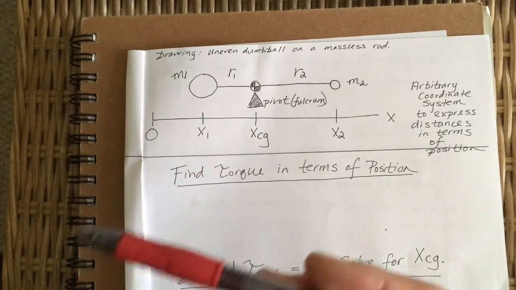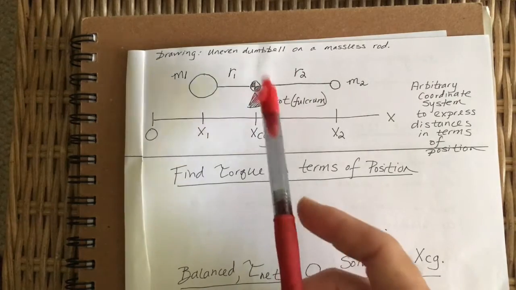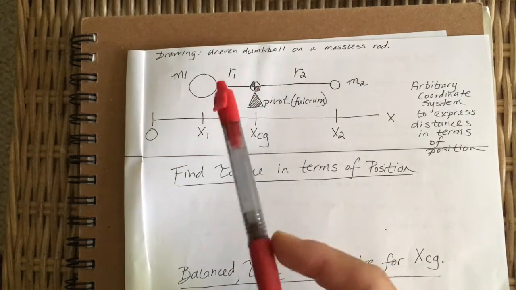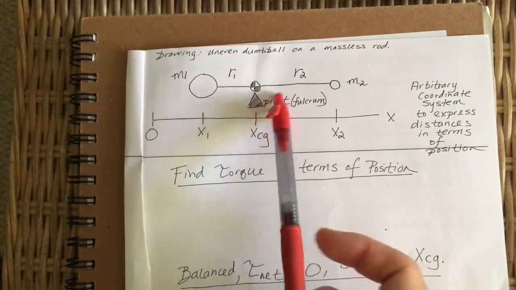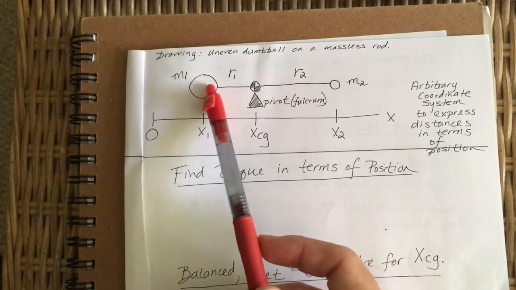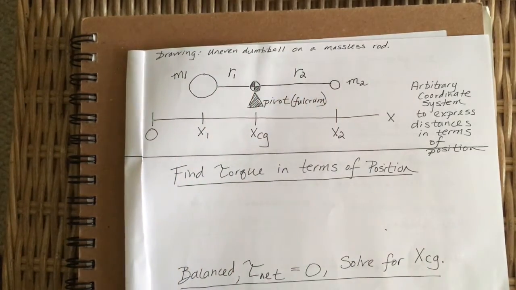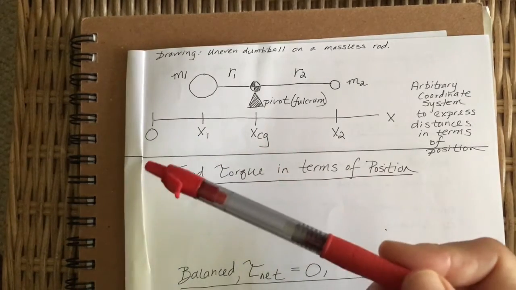So to derive this equation for xcg, we're actually going to call 0 out here. That's the same reason I don't call this point 0, and this point negative x1, and this point positive x2. I can't do that either, because if I call this 0, then I'm assuming something already.